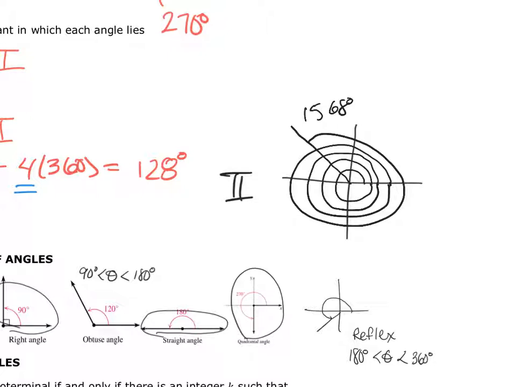Okay, that is 1568. But we also know it's coterminal to 128 degrees. So there are 4 rotations where I started in the same initial side and ended in the same terminal side. Those two angles are coterminal.